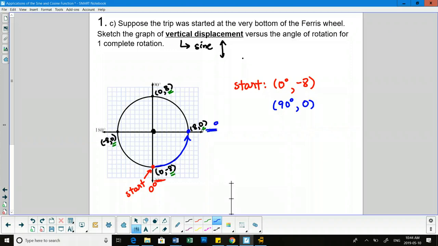So this is 90 degrees here. Okay? Next location is going to be up at the top here. And that's a full 180 from where we started. What is our vertical displacement now from the center? 8, yeah.